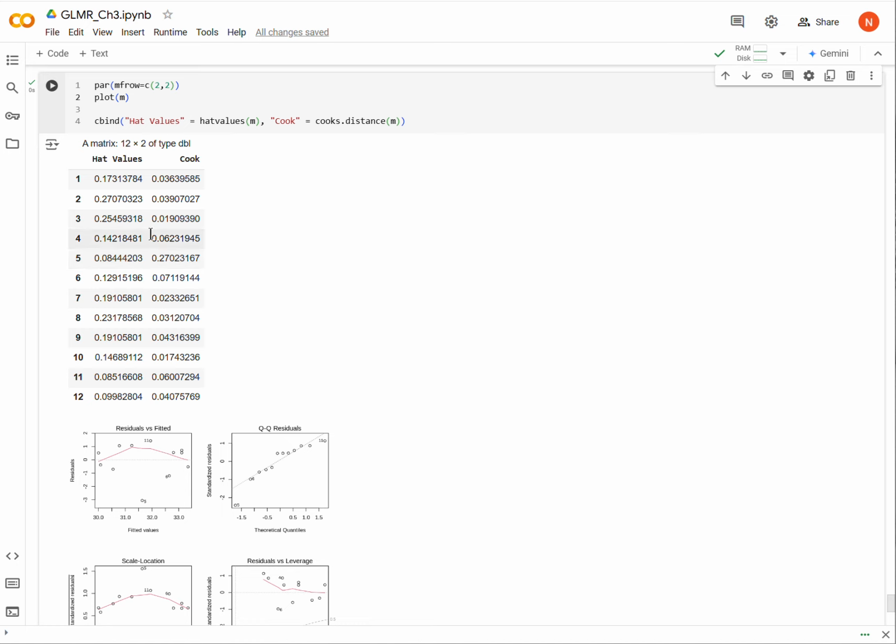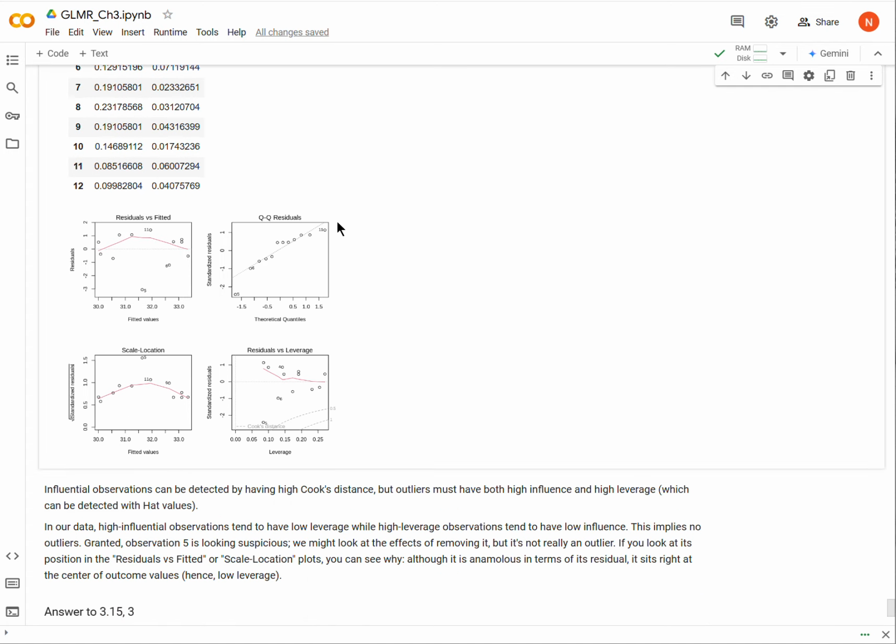But there's actually this interesting trend here where the highest leverage points have the lowest Cook's distances, right? So in order to be an outlier, we need both high hat value and high Cook's distance, right? So high leverage and high influence. So anyway, there doesn't seem to be any real outliers here.